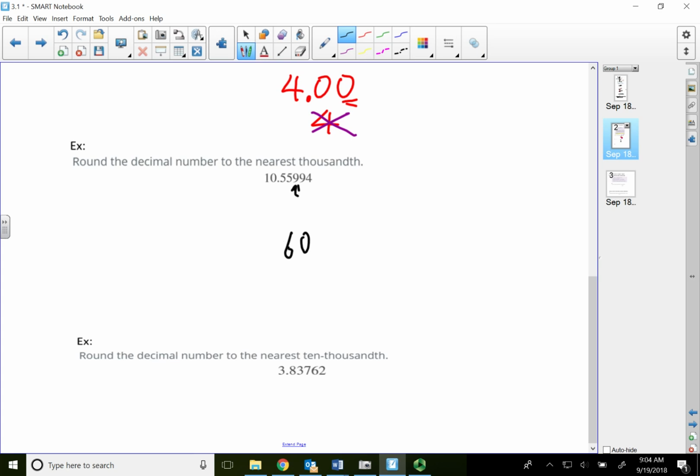The 5 in front of that remains. The decimal is still there, and in front of it I still have my 10. So my answer is 10.560. I have to write the 0 because this 0 is the thousandth place I'm trying to round to, so I have to write a digit there.